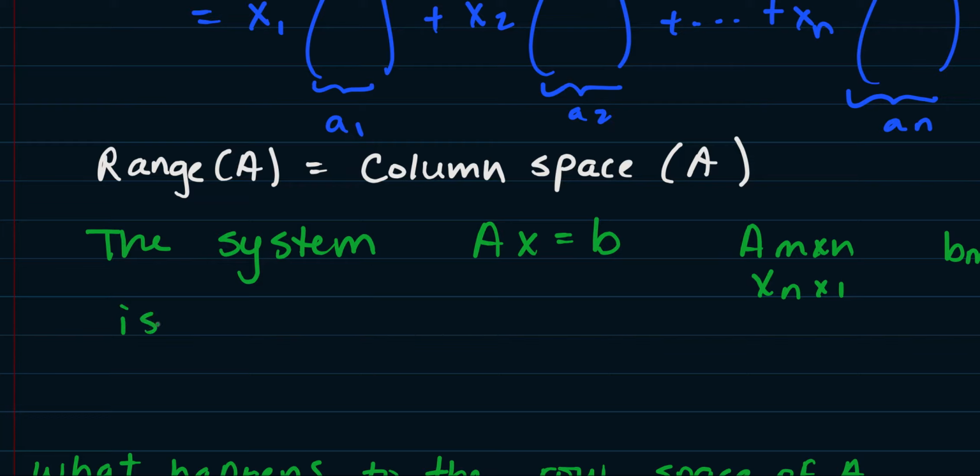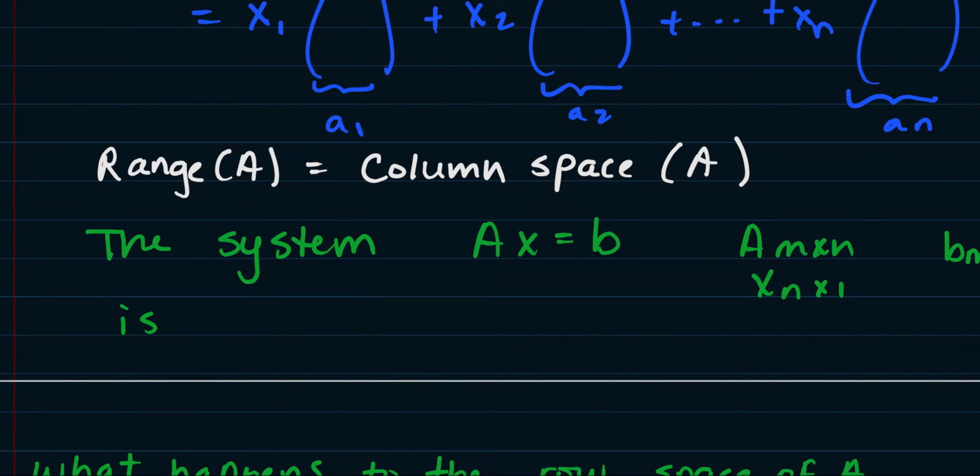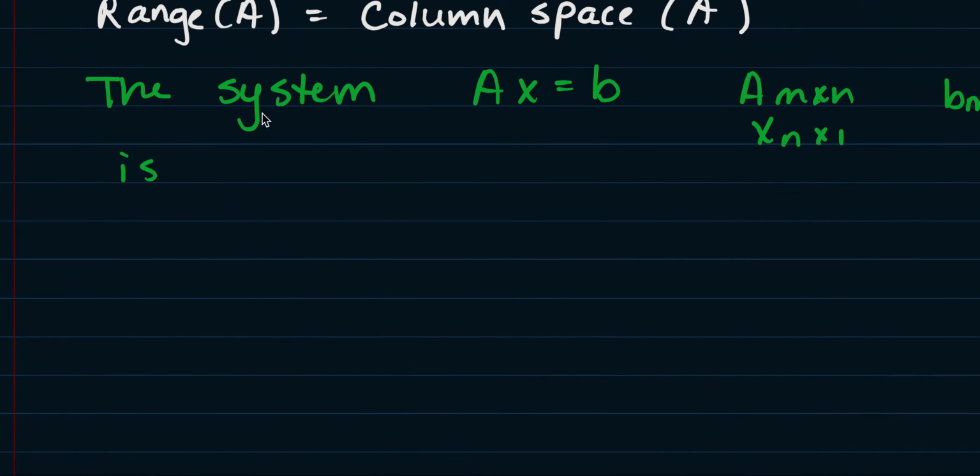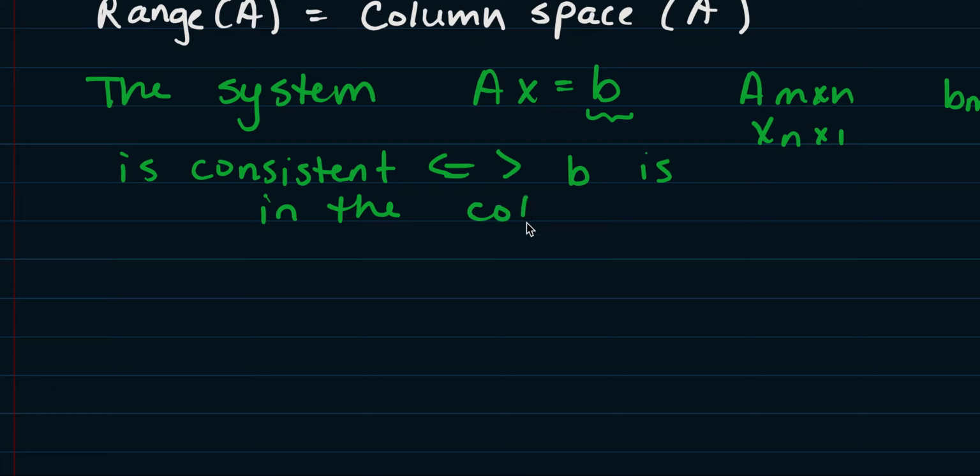So this system is consistent if and only if this vector B is in the column space of A.